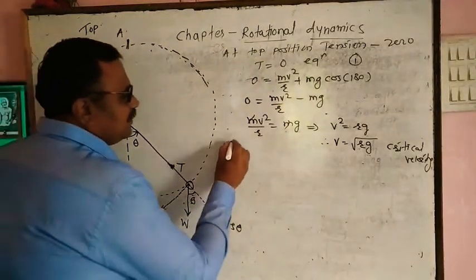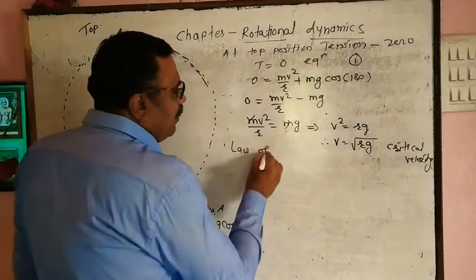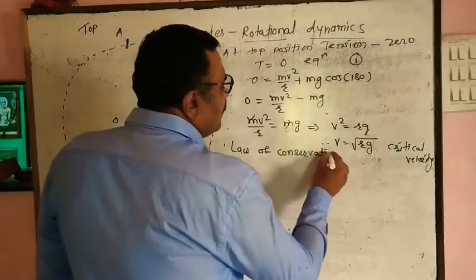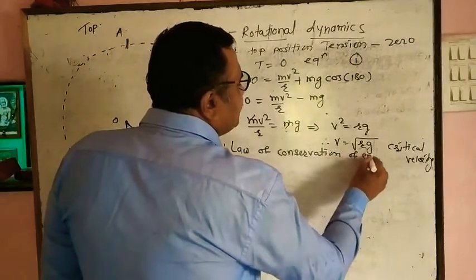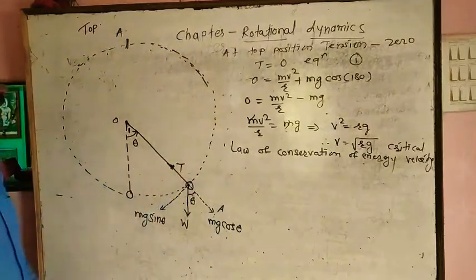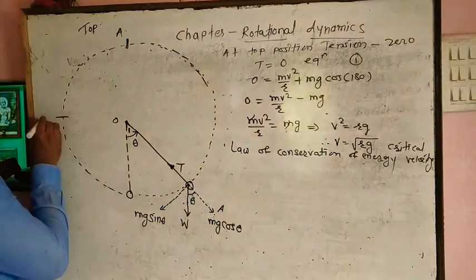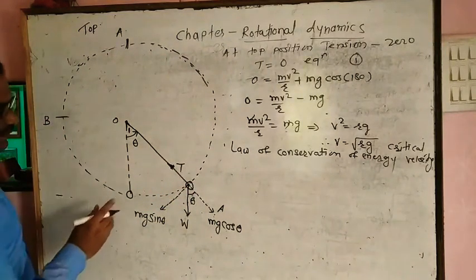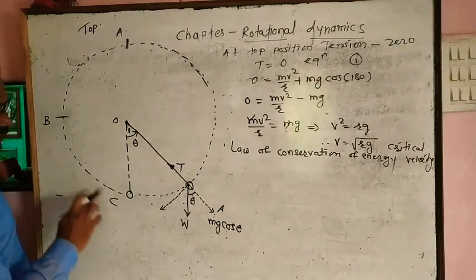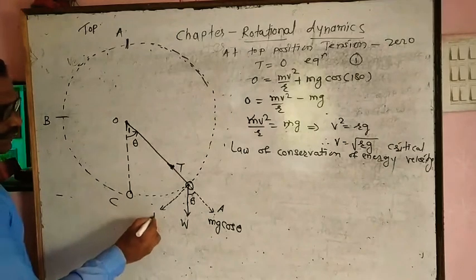Now we can calculate the velocity of the particle at different positions by using the law of conservation of energy. We can calculate the velocity of the particle at the horizontal position, and also at the bottom position.